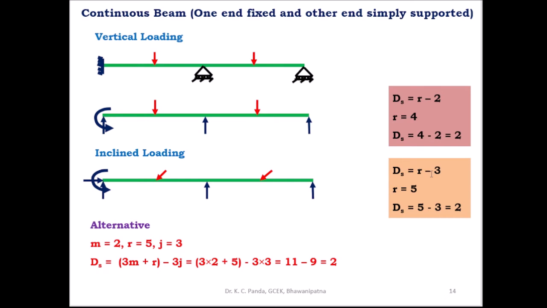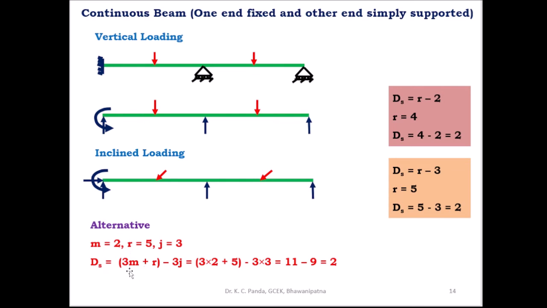So this is an indeterminate structure, and you can also find this out using another approach, ds is equal to 3m plus r minus 3j. Here m is equal to the number of members, r is equal to the number of reaction components, and j is the number of joints. Here you have to count the number of members, number of joints and number of reaction components. Here there are 2 members, so m is equal to 2, and 3 joints, 1, 2, 3, j is equal to 3, and 5 reaction components, so r is equal to 5.